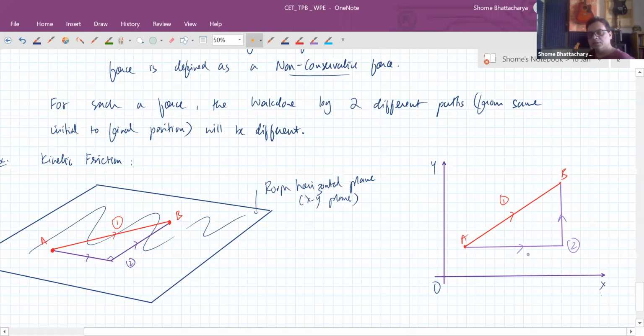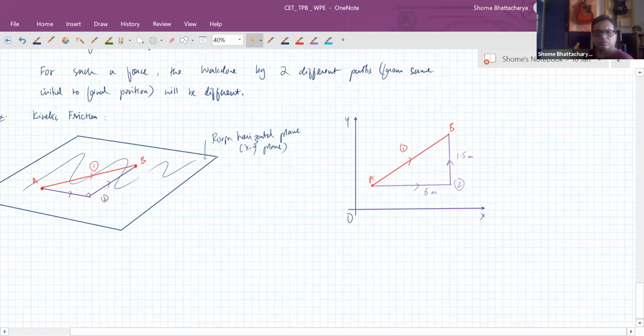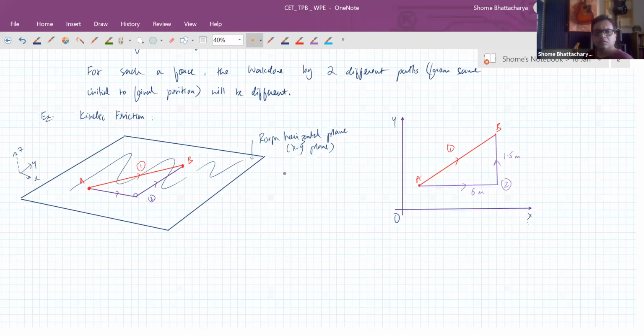So this has a coefficient of friction 0.2.